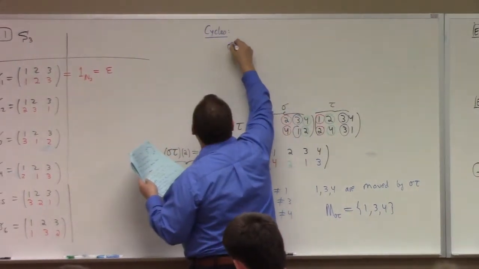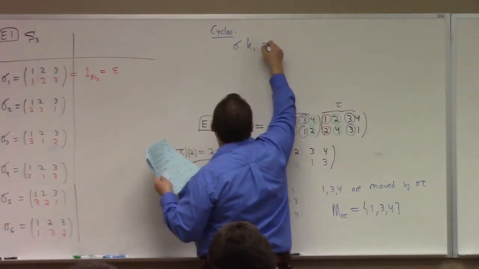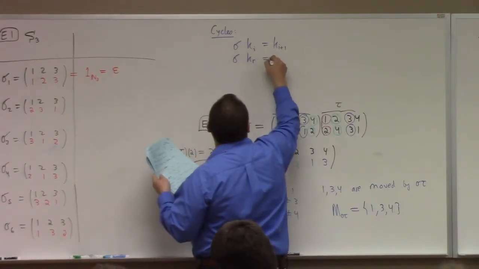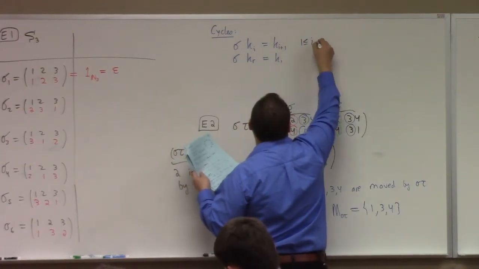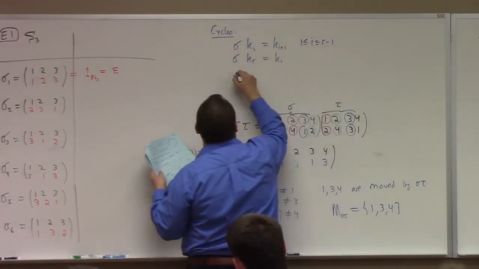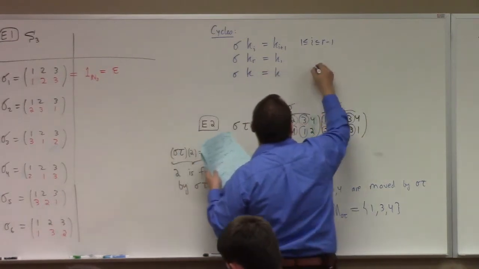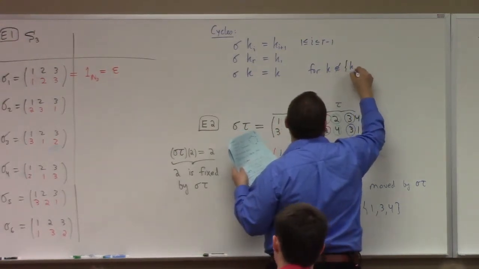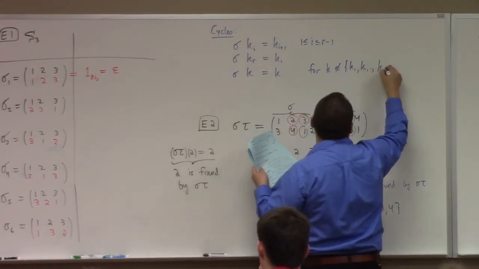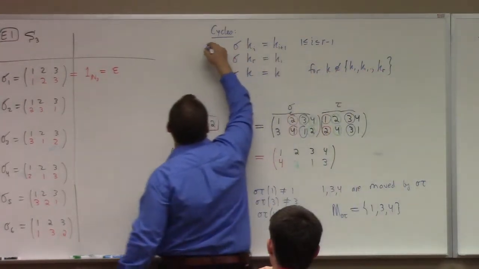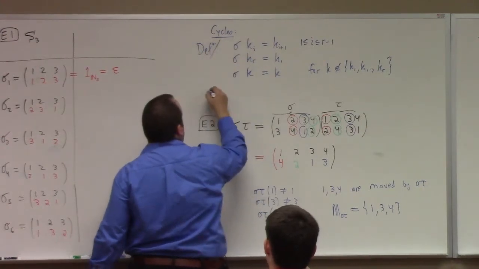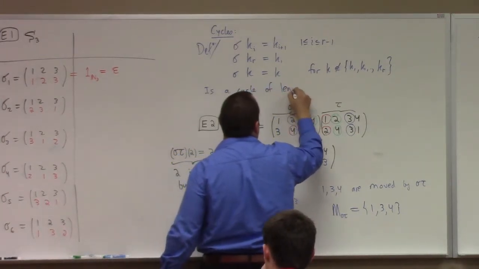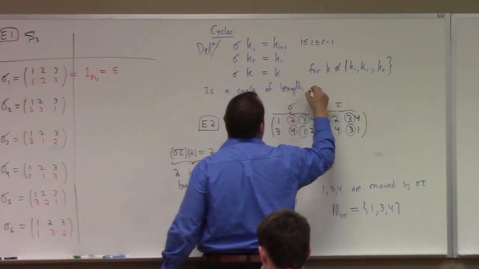So if we have sigma of k sub i is equal to k sub i plus 1, and sigma of k sub r is equal to k1, and now this is for 1 less than or equal to i less than or equal to r minus 1, and then we have sigma of k is equal to k for k not an element of k1 through kr, then by definition this is a cycle of length r.